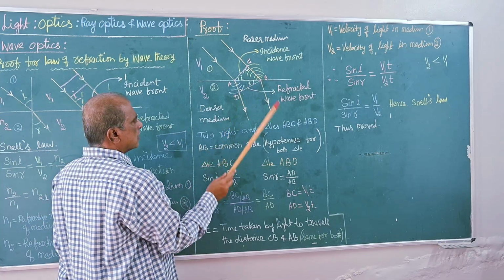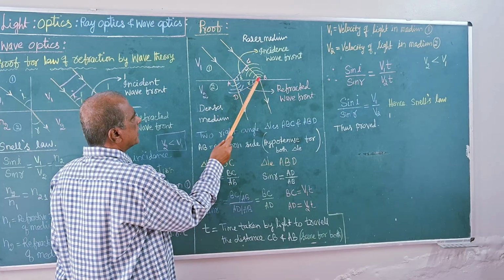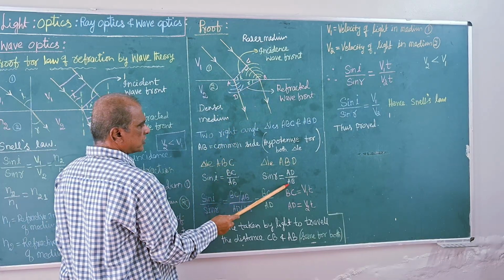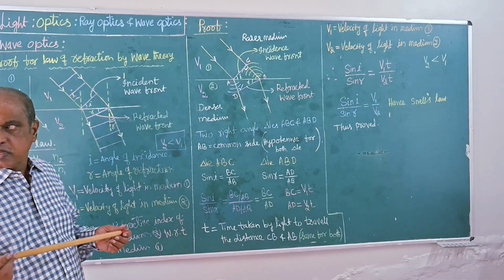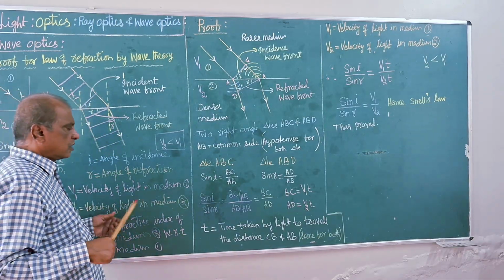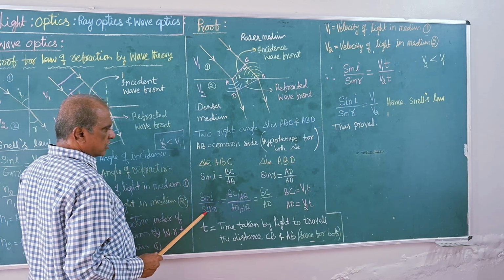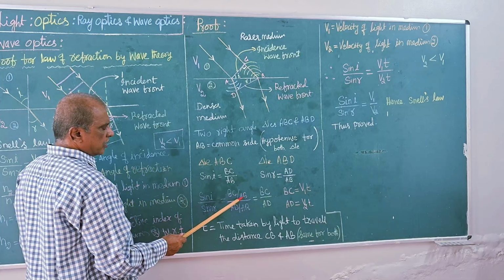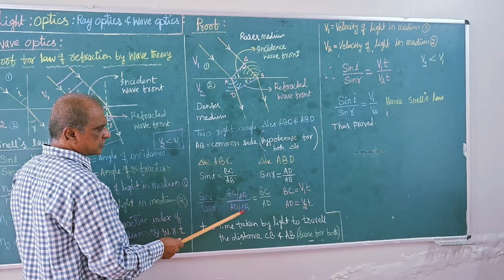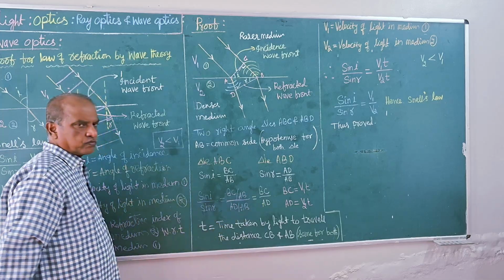Sin r equals opposite by hypotenuse, AD by AB, in this triangle. Take the ratio, sin i by sin r, dividing this by this, where AB is common and gets cancelled. What remains is BC by AD.